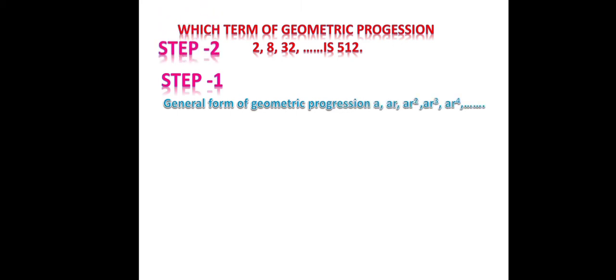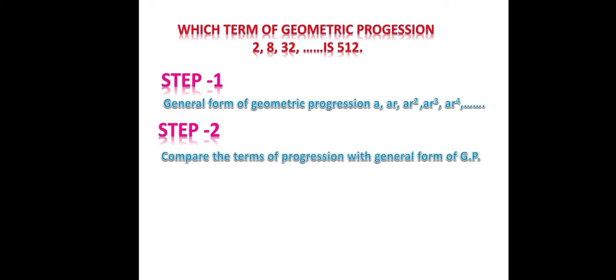So we'll write the general form A, AR, AR square, AR cube and so on, and then we'll compare the terms as A is equal to 2, AR will be equal to 8, AR square, that is the third term, will be 32 and so on. So here first term is considered as 2, second term as 8, third term as 32.